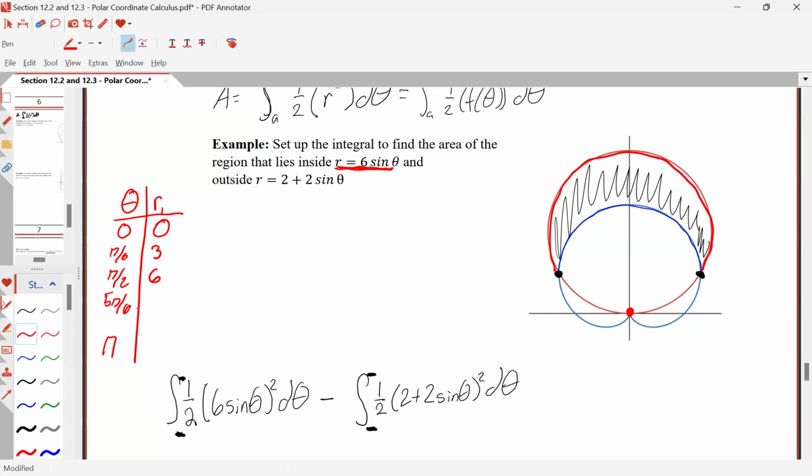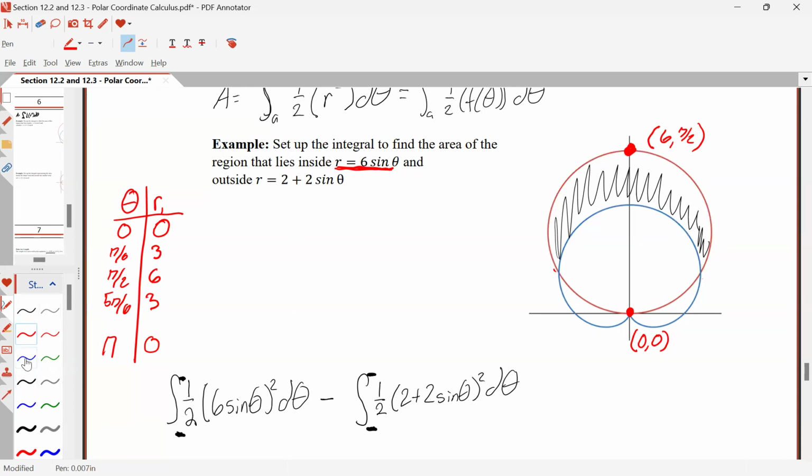At 5 pi over 6, sine is 1/2 again, so the radius is 3, and at pi, it is 0. So here is the point 6 comma pi over 2. This is the point 0, 0, or pi, 0. And hopefully we can find what this intersection point is.